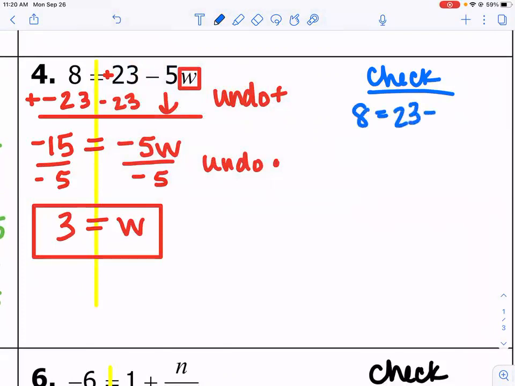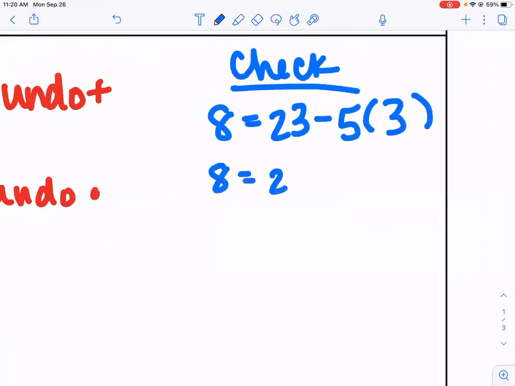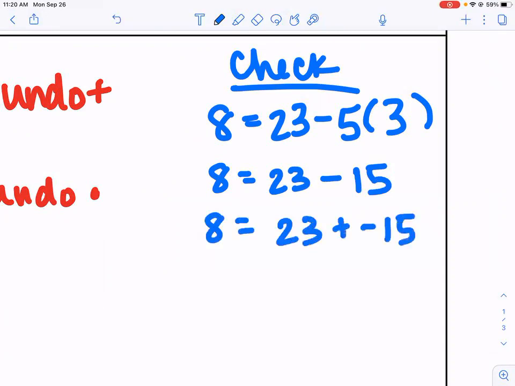Did you have a question, Kinley? No? Okay, so let's plug 3 in for W. What we have is 8 equals 23 minus 5 times 3, which is 15. Keep, change, change: 23 plus a negative 15 is equal to 8. Cool.